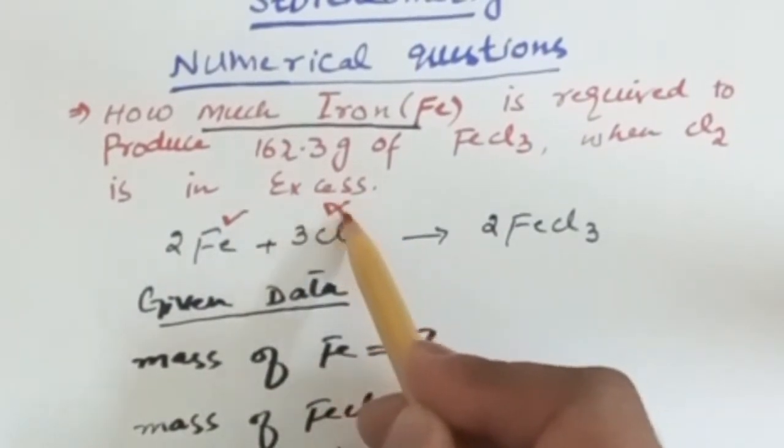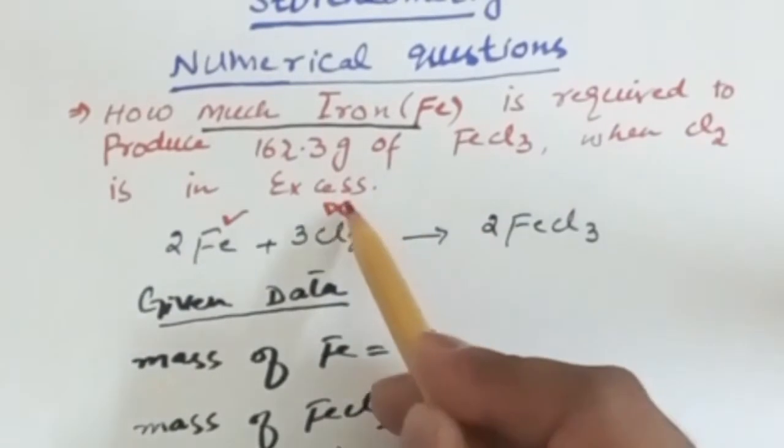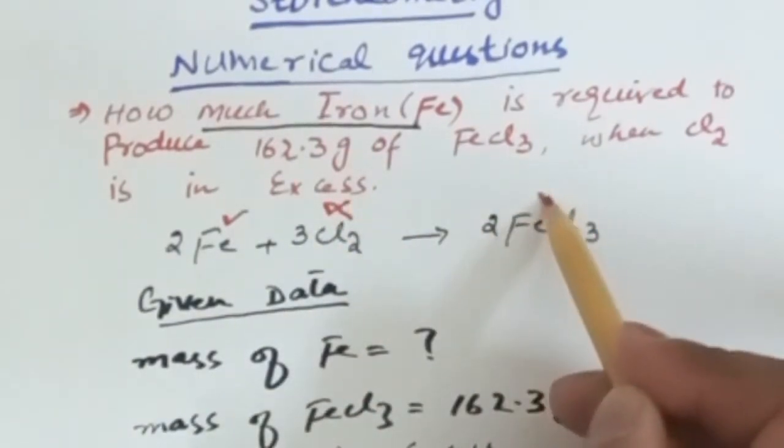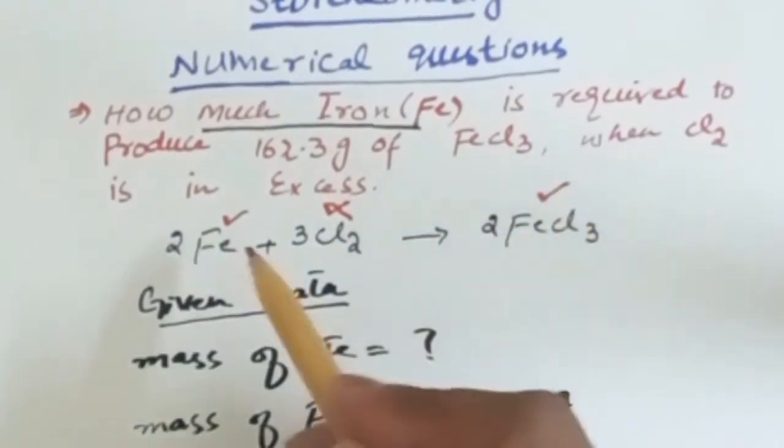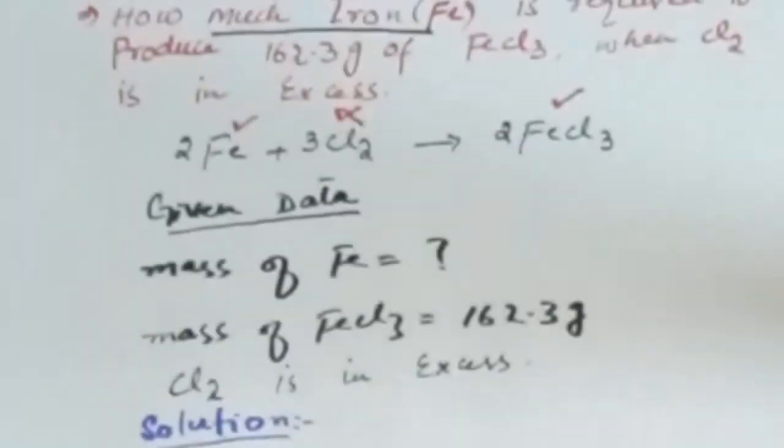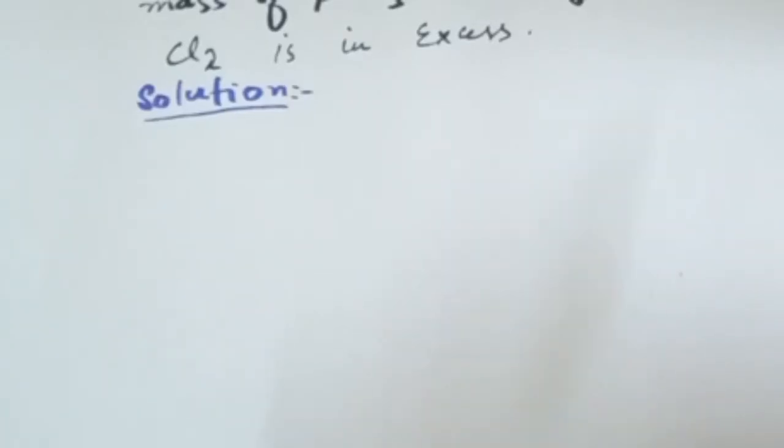For example, chlorine is not required, so chlorine is crossed, and I will put a small tick for FeCl3 and Fe. Whenever you start with a reaction, the balanced chemical equation is necessary in stoichiometric calculations, and we will start from the basic balanced chemical equation.